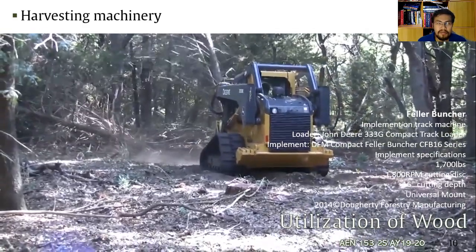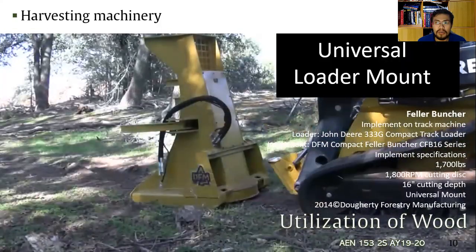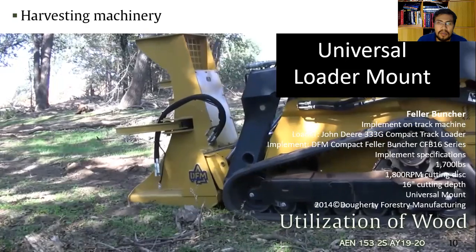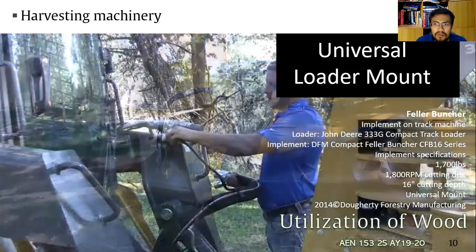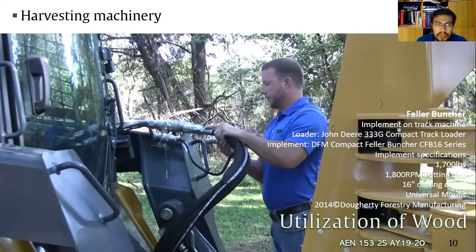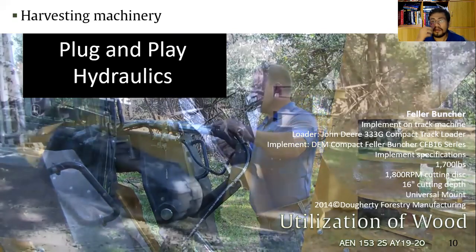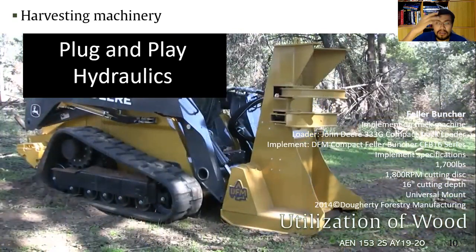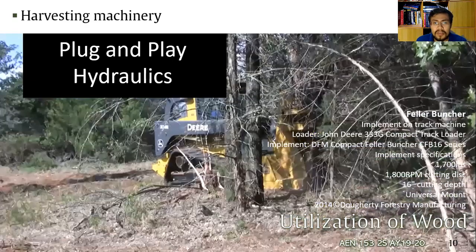You have here on the screen a feller buncher. It can be loaded on any kind of truck machine. It's just an implement, very much like the implements used for land preparation on different kinds of land activities, or for rice operations.